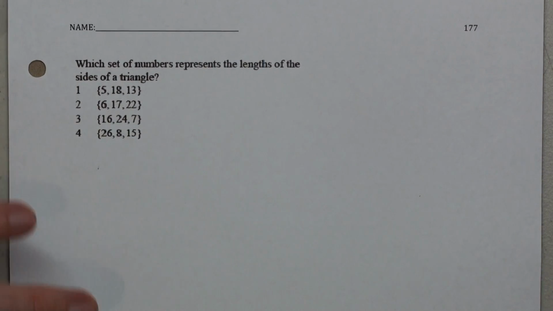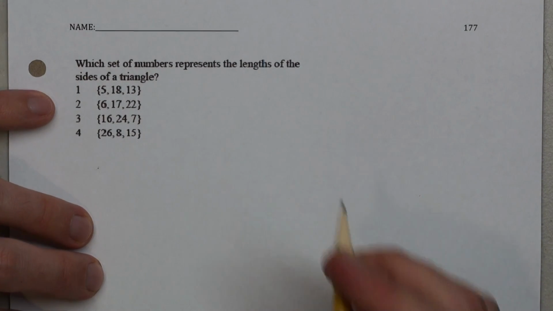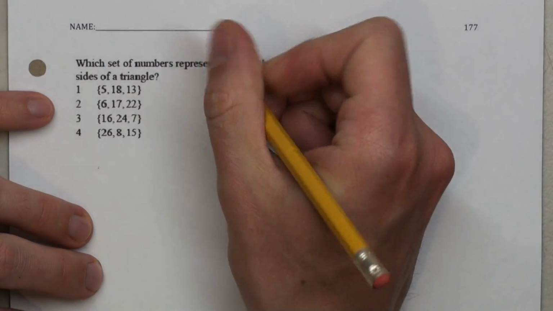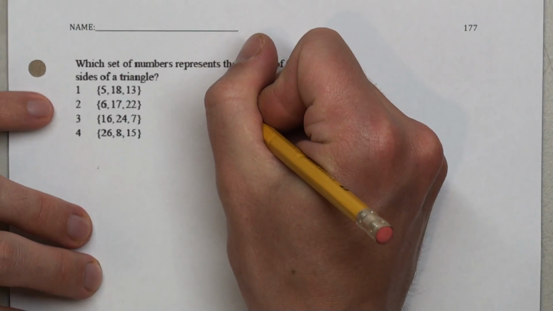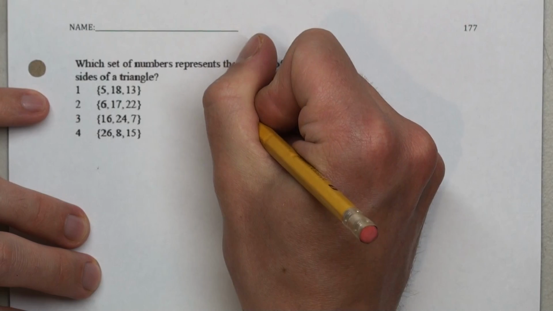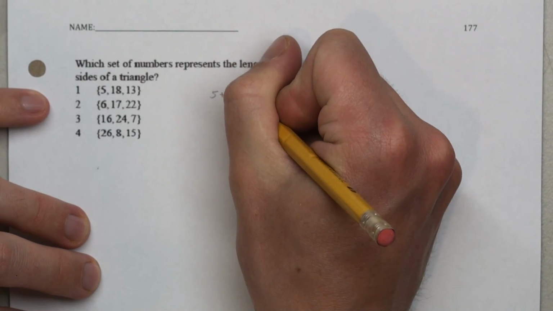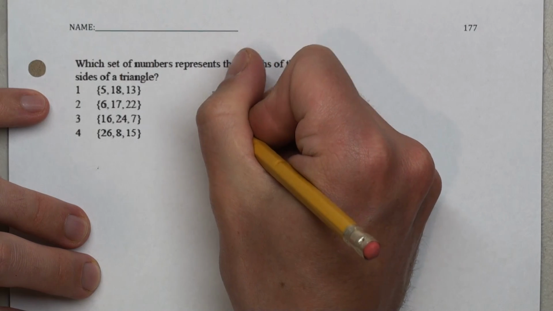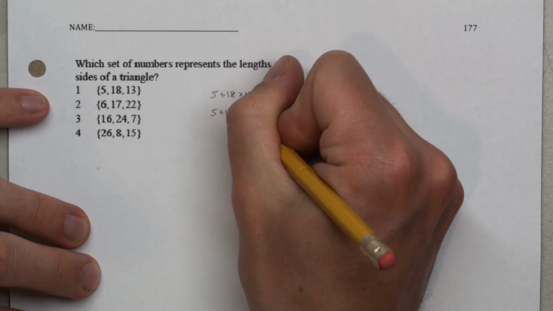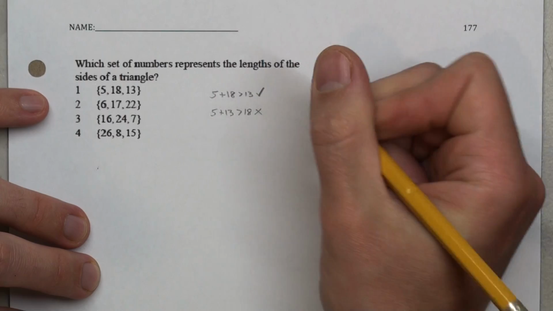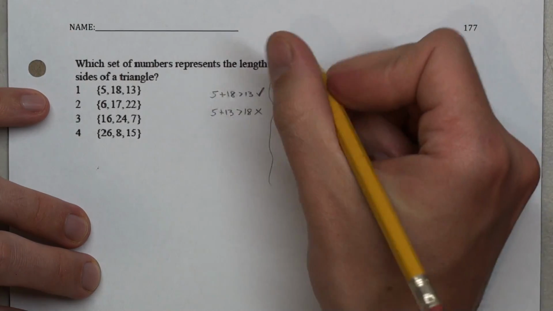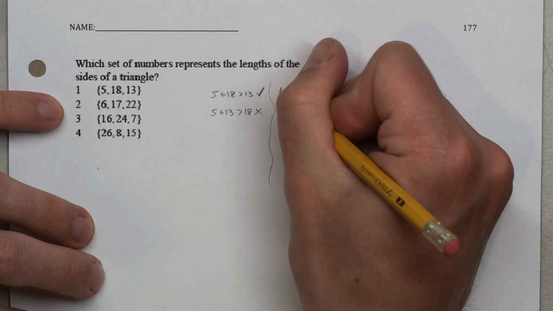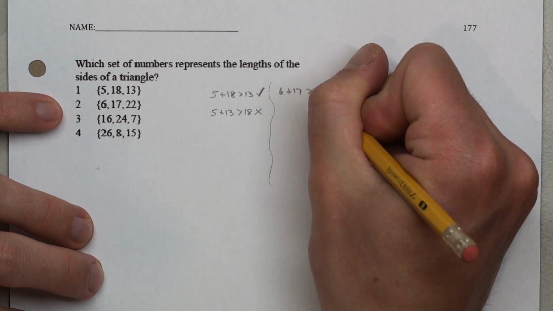Which set of numbers represents the length of the sides of a triangle? So that would mean that 5 plus 18 must be greater than 13, and that works. 5 plus 13 must be greater than 18, and that does not work. So I'm going to the next one. 6 plus 17 must be greater than 22.